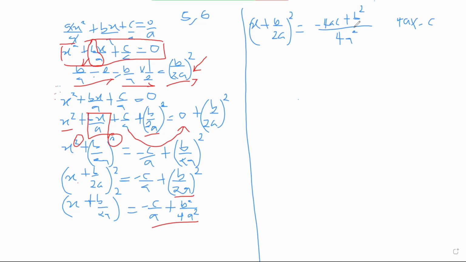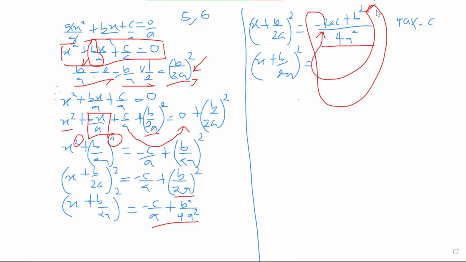So what do we do next? I want us to arrange the right hand side properly so that we can have the form of what our final answer should look like. So in that bit, we are going to have x plus b over 2a all squared equals, so we can eventually swap this. We can swap this, our b squared, we can move it down right here and move this right here.